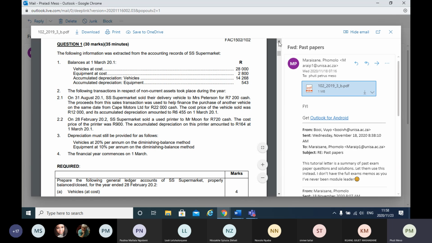Make sense? Right. You'd say 5545 multiplied by 20 divided by 100, and then you multiply that by 6 divided by 12. How much are you getting? 554.